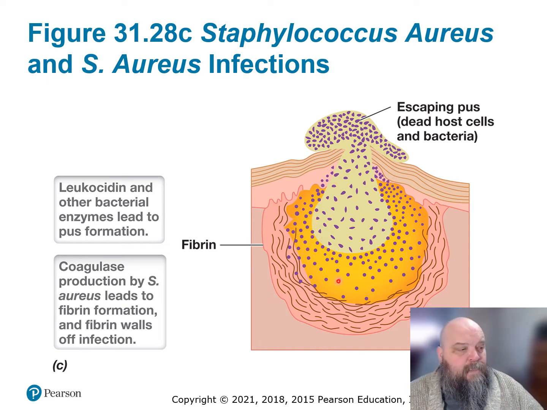The bacteria get down in, and what they start to do is excrete toxins, excrete exoenzymes that go through and start breaking down the tissues, start killing cells, things like that.